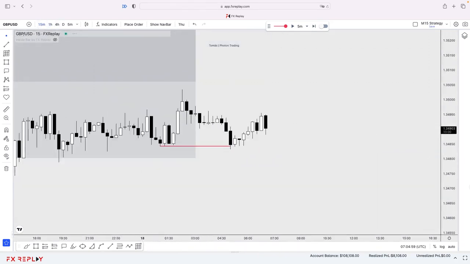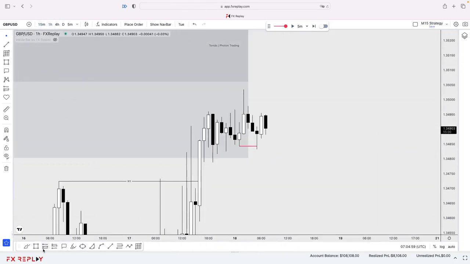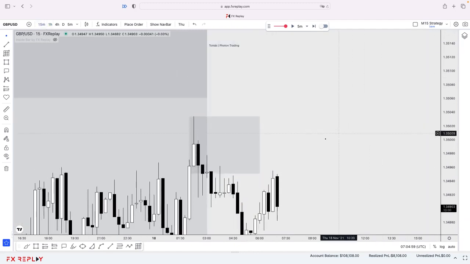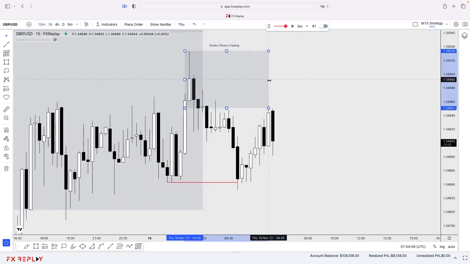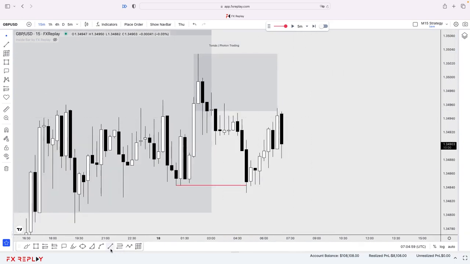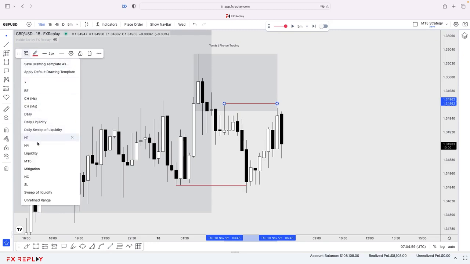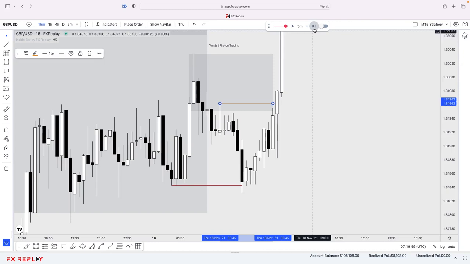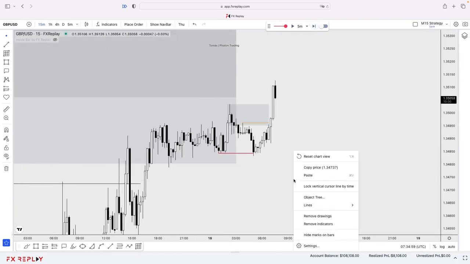Okay, I'll just mark again the POI. Price mitigates, yeah, M15. On this M15, if you want to be a little bit more aggressive and really want to confirm the entry here. Okay, no entry.